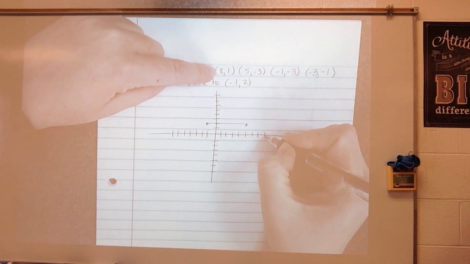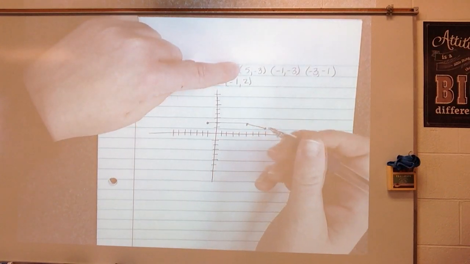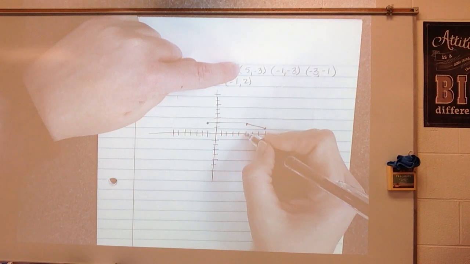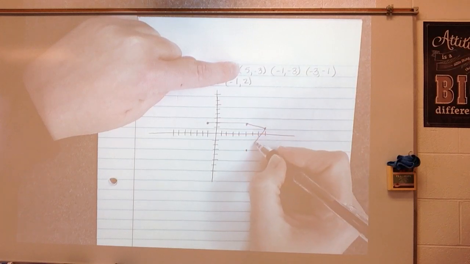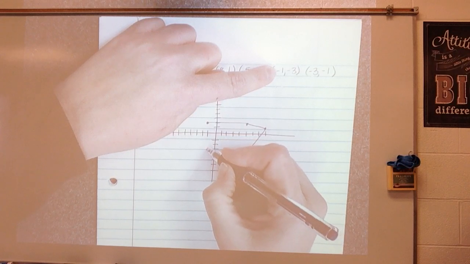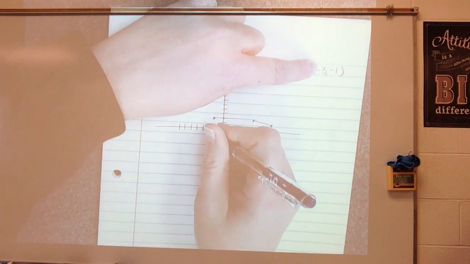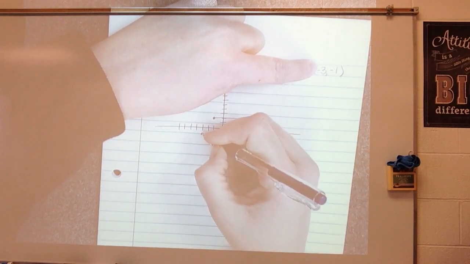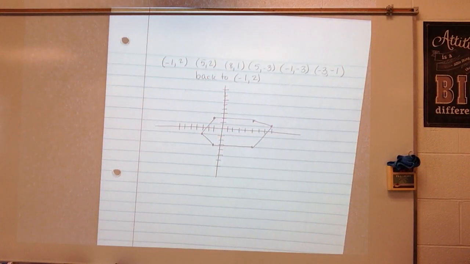So 8, 1, 5, -3, -1, -3, -3, -1, and then back to -1, 2. Alright, so here's my polygon, and it wants us to find the area.